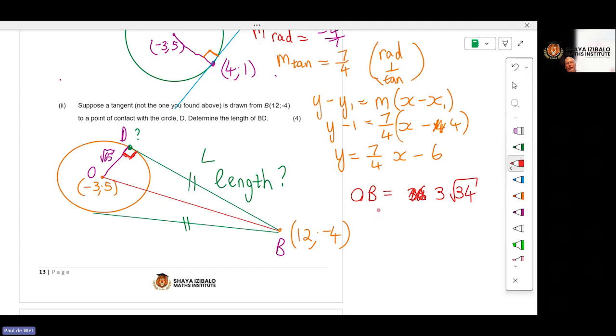All right. So in fact, we're going to use Pythagoras. So OB, and then we want DB. So what will DB squared be? What must I do next?